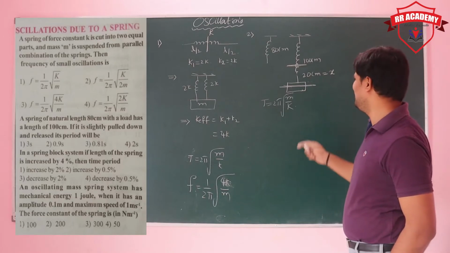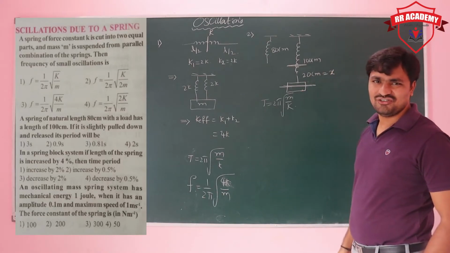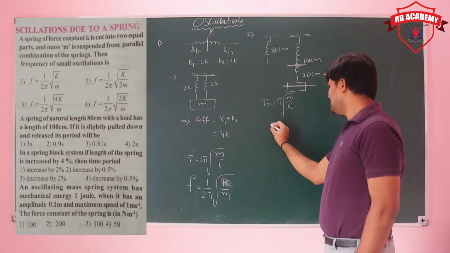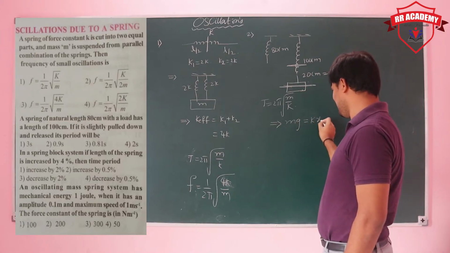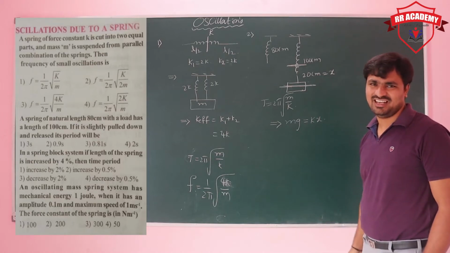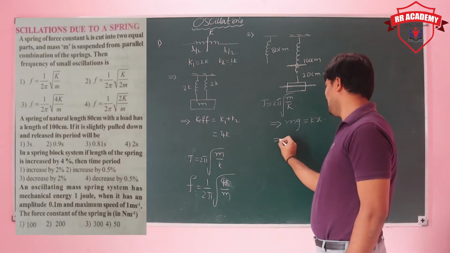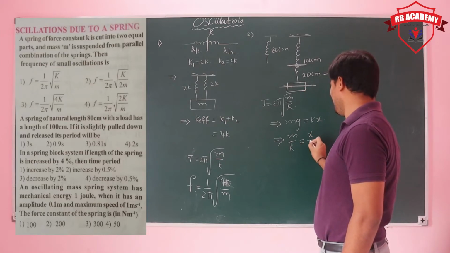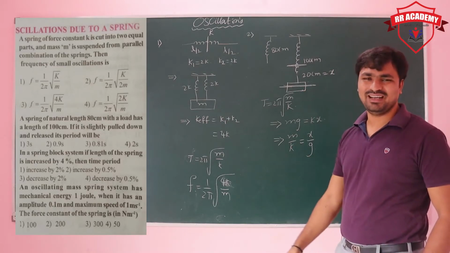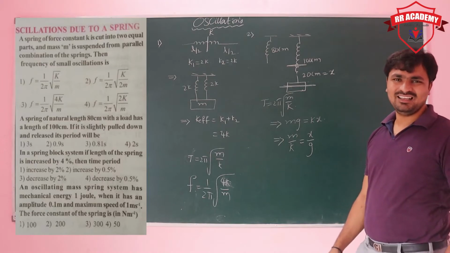So how much? 20 centimeters. We know that weight mg is equal to kx, right? Now take m by k, which is equal to x by g.